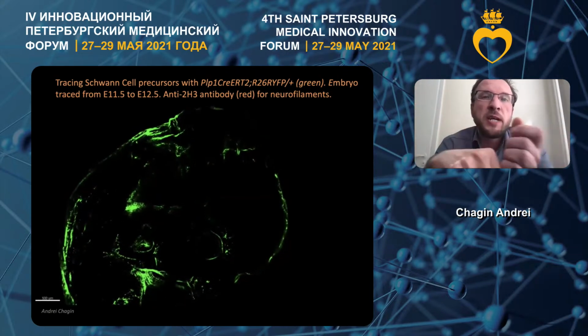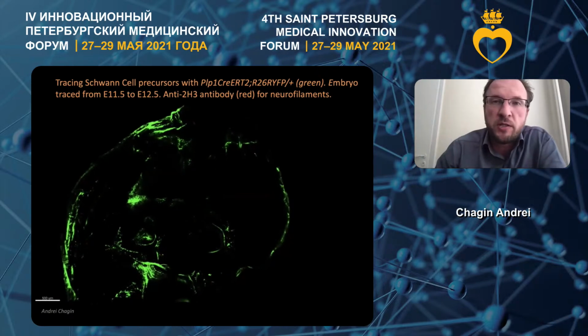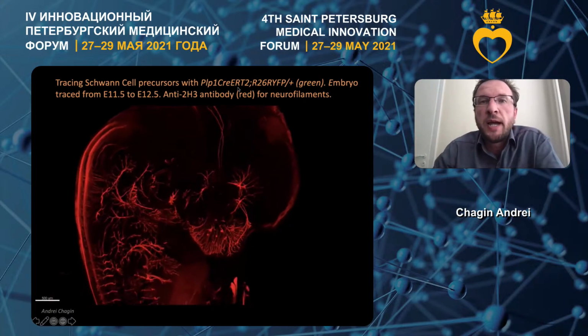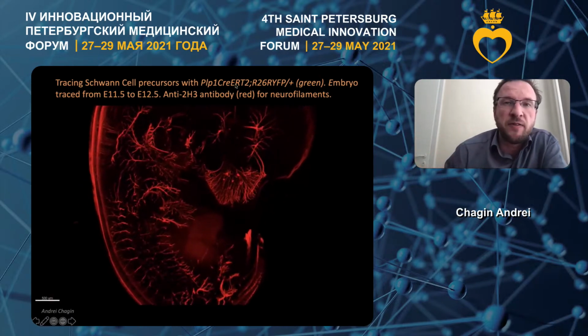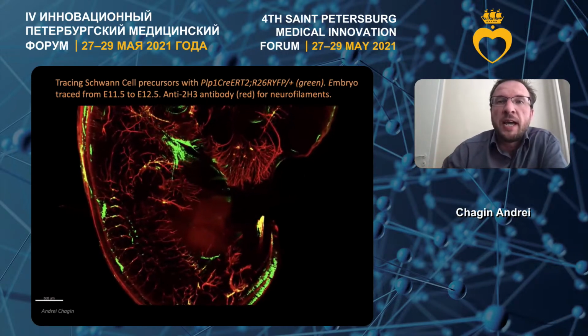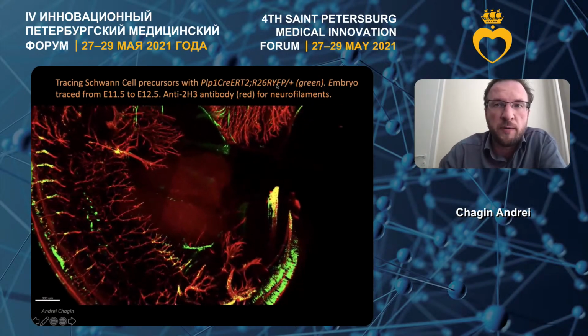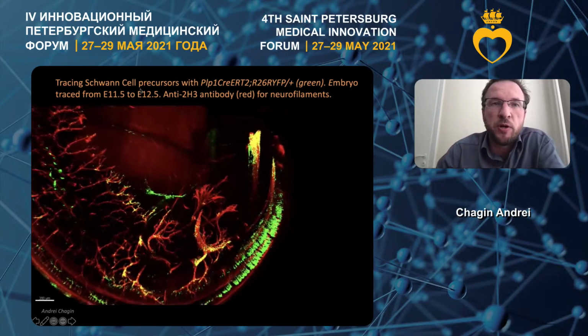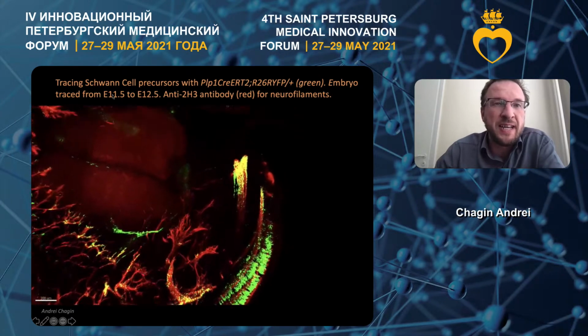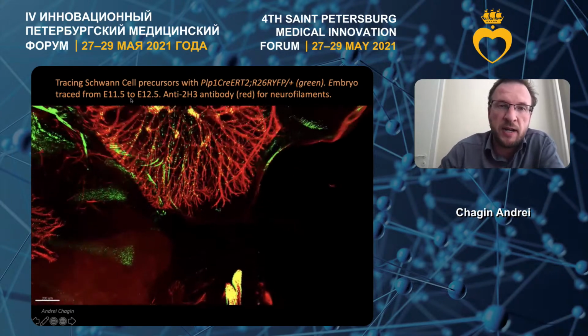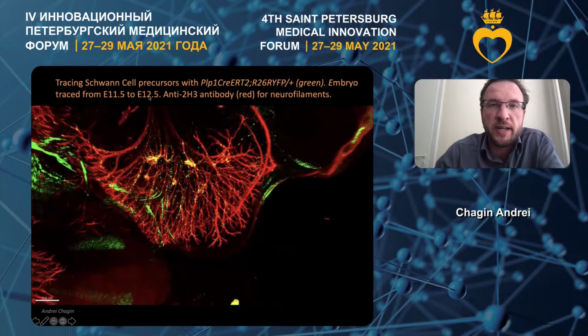So we take PLP1-driven Cre, as you can see here, and it's Cre-ERT, so it's inactive until we inject tamoxifen. We cross those mice with reporter mice, which express YFP. Then we inject the embryo with tamoxifen at E11.5 and collect at E12.5, one day later.